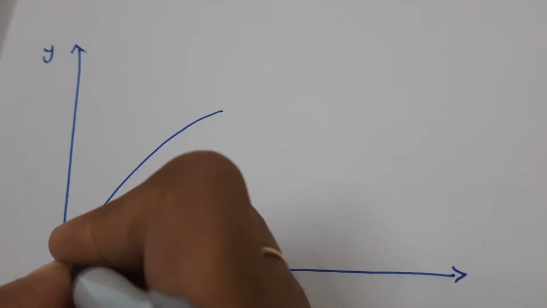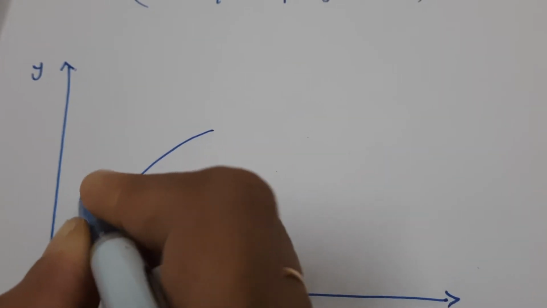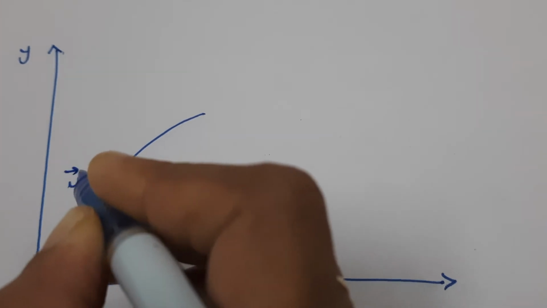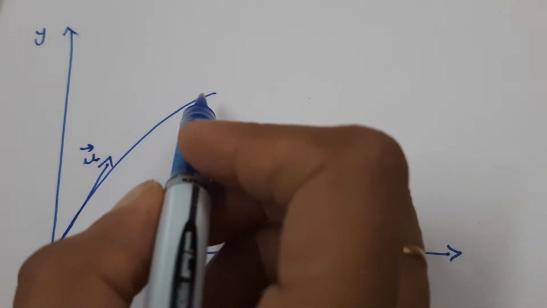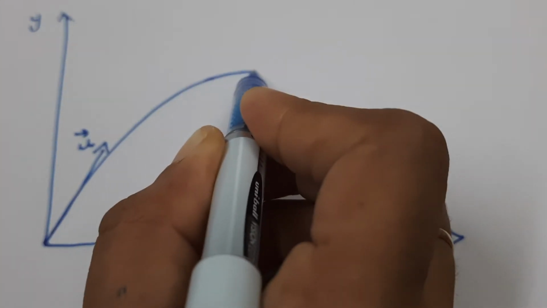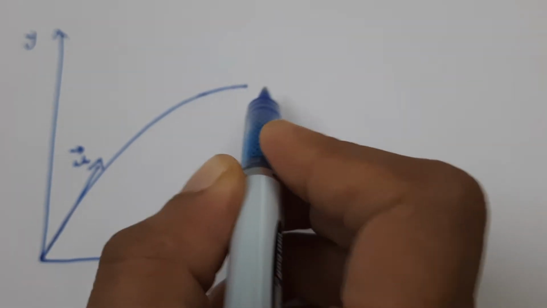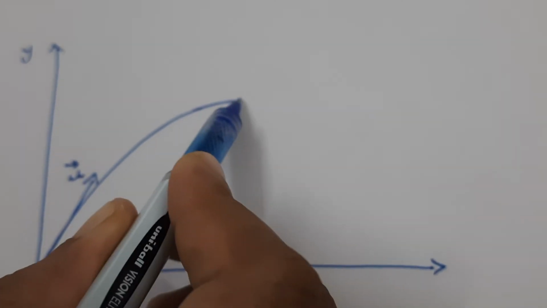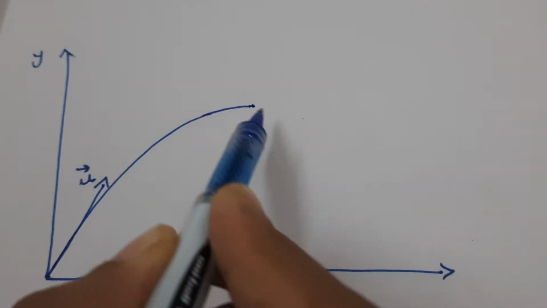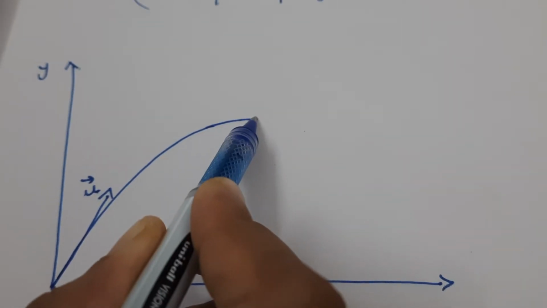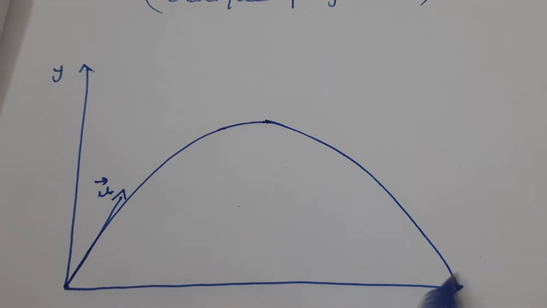The initial velocity is u. So this object goes up, it reaches the maximum height, and under the action of the force of gravity it reaches the ground.